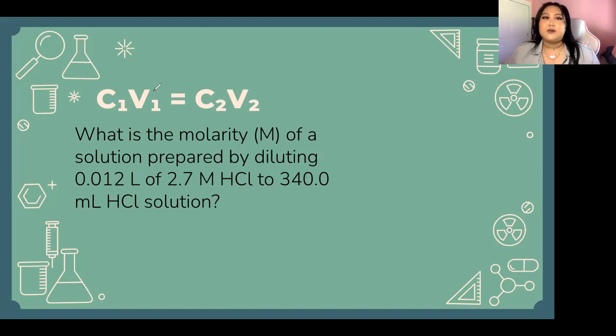Yeah. So like I said earlier, the V's can be in liters or milliliters, as long as you're consistent with both of them. But yeah, you're right. We have to convert this.